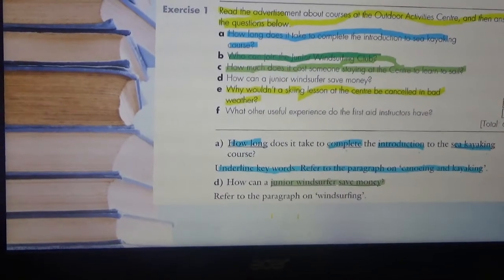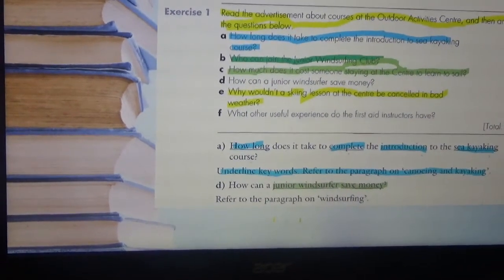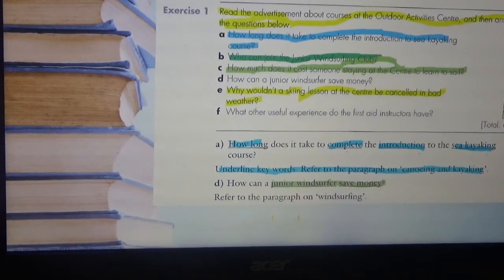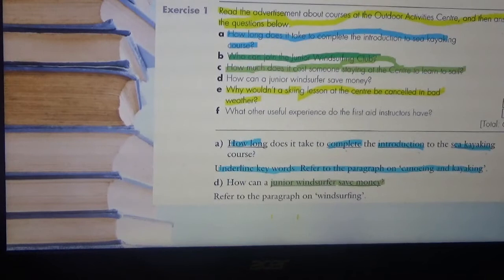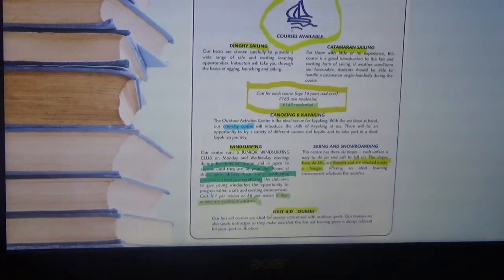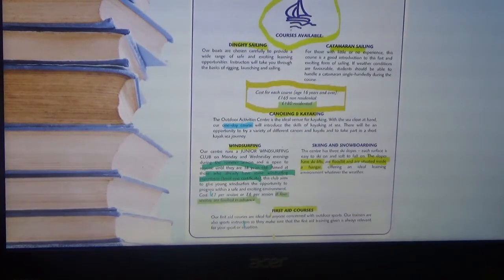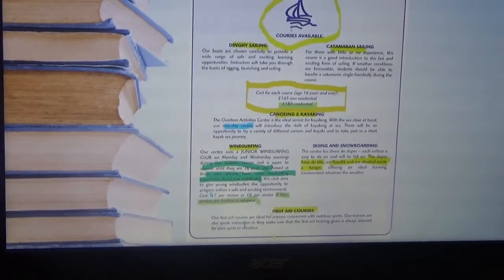question paper. Okay. What other useful experience do the first aid instructors have? Now, you will go back to the passage and you will find here below the paragraph about first aid courses. Okay. It reads, Our first aid courses are ideal for anyone concerned with outdoor sports.